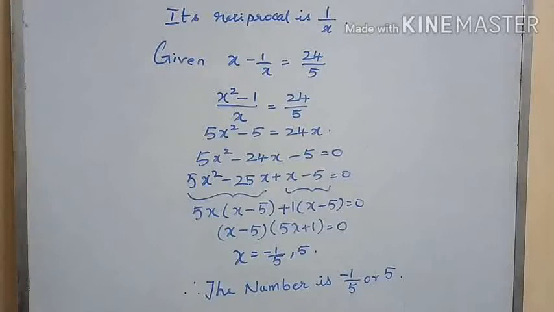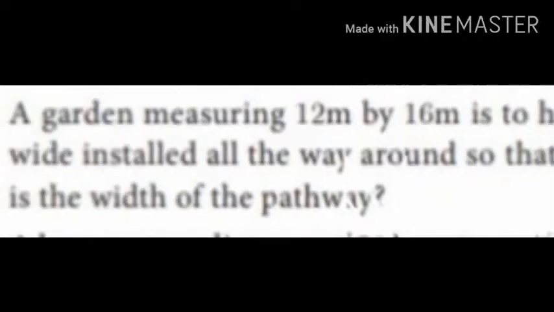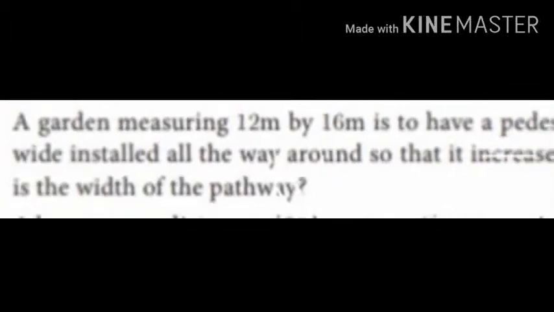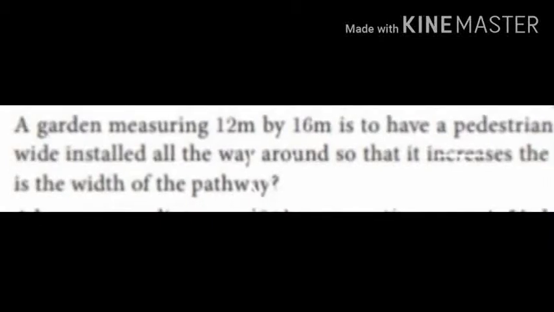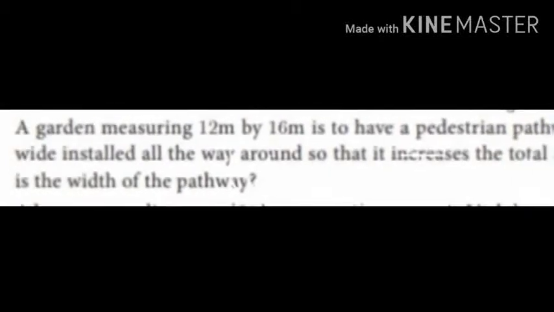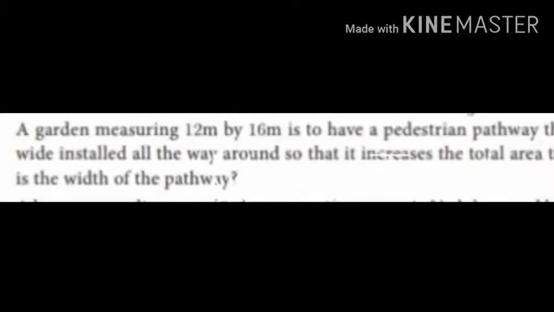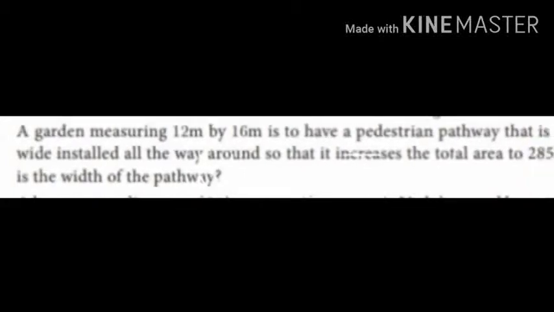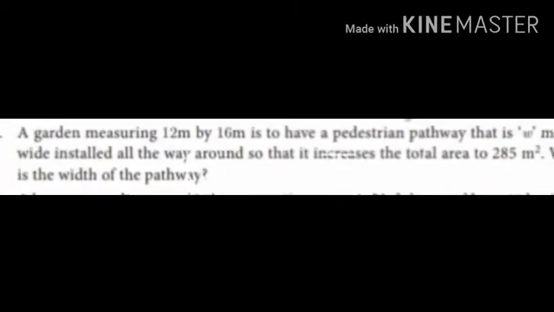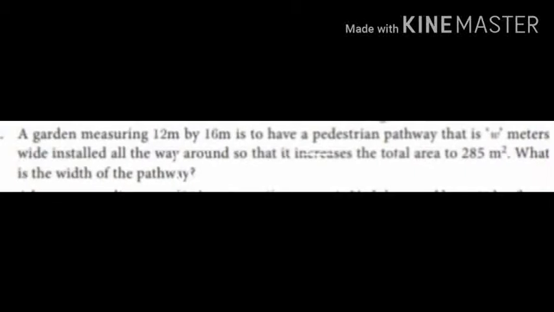The next problem for today's session is, a garden measuring 12 meter by 16 meter is to have a pedestrian pathway that is W meter wide installed all the way around so that it increases the total area to 285 meters squared. What is the width of the pathway?